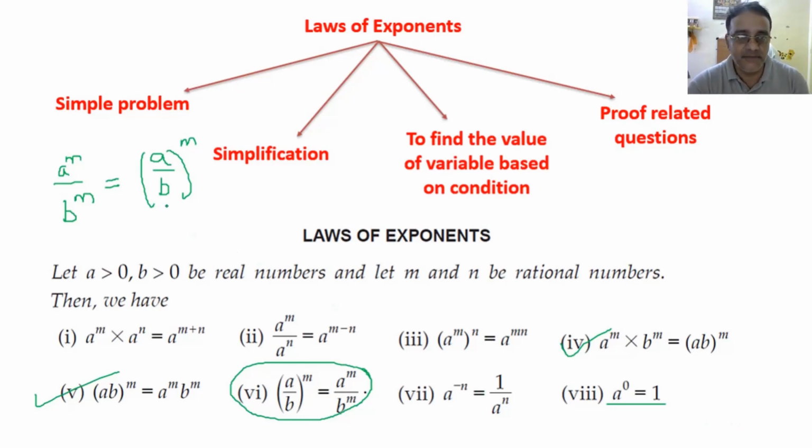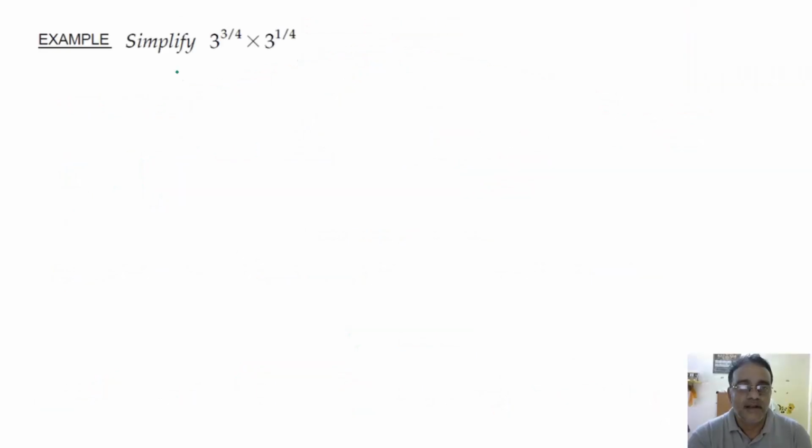And let us start with the simple problem. This is the simple problem. Base are same and the powers are given. And so यहाँ पे हम लोग कौन सा रूल यूज करेंगे? A to the power m into a to the power n is equals to a to the power m plus n.